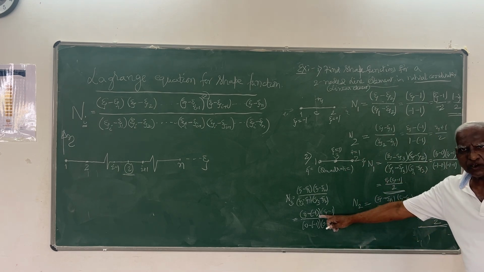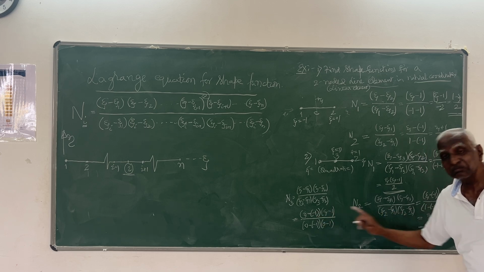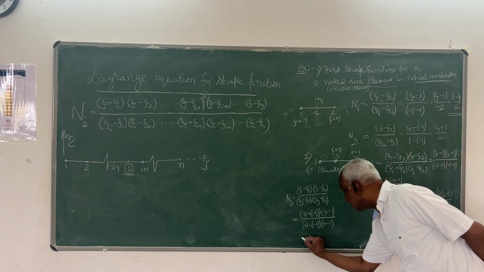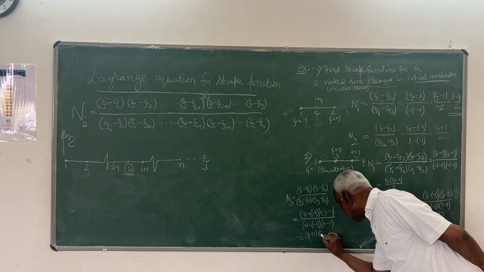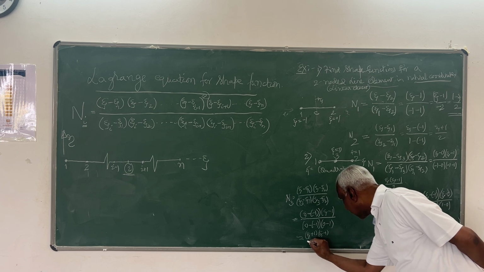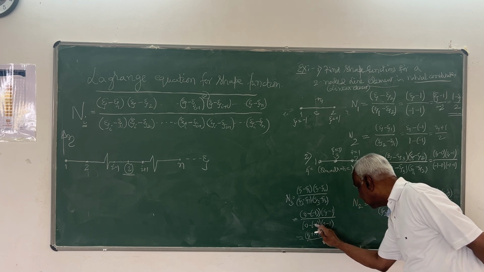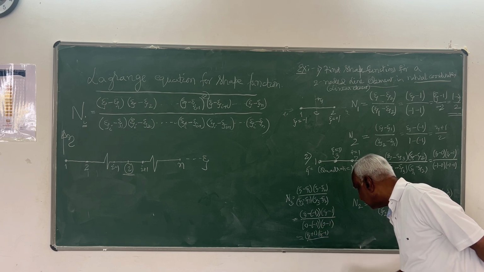And once you write the numerator, denominator the same thing. So this is psi plus 1 into psi minus 1. Denominator, it is 1 into minus 1.